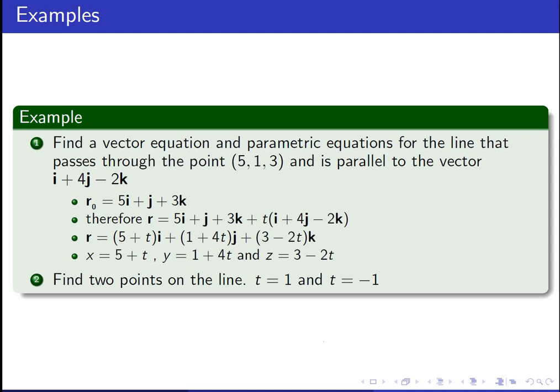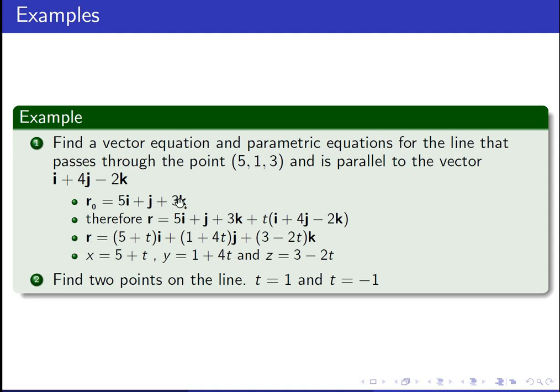Here's an example, example 1. We need to find a vector equation and parametric equations for the line that passes through the point (5, 1, 3) and is parallel to the vector i plus 4j minus 2k. Since our line is parallel to this vector, i plus 4j minus 2k is going to be our direction vector.